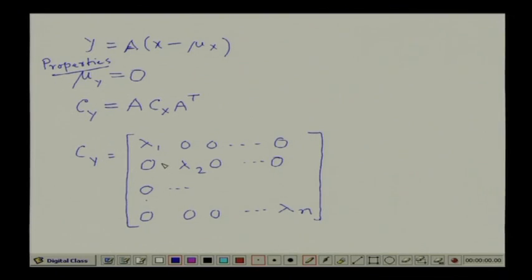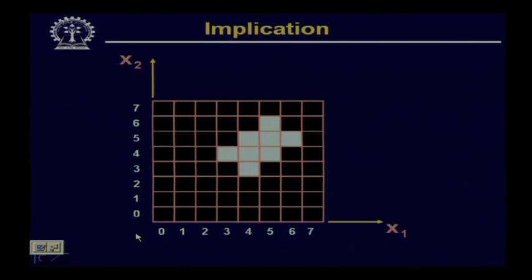Now, let us see what is the implication of this. To see the implication of these observations, let us come to the following figure. In this figure we have a two dimensional binary image. Here we assume that all the pixel locations which are white have an object element present, and wherever the pixel value is 0, there is no object element present.